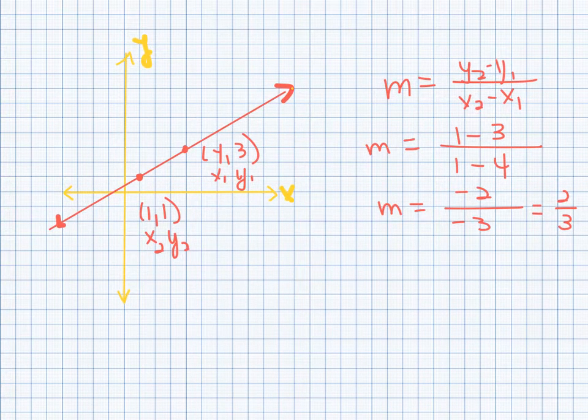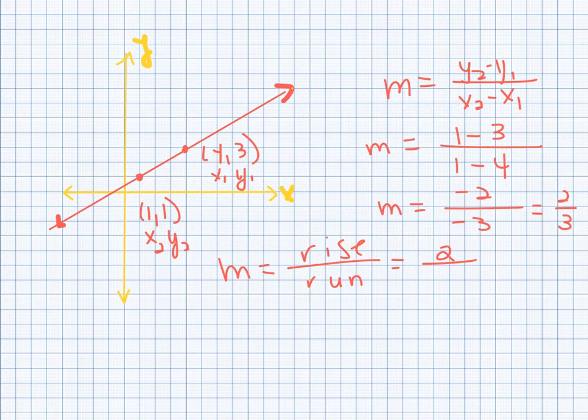So from one point to the next, from this point to that point, I'm going to go up, and I go up 1, 2. So that's my rise, right? Because m is rise over run. So I went up from that point, to be able to go to the next one, I'm going to go up 2.